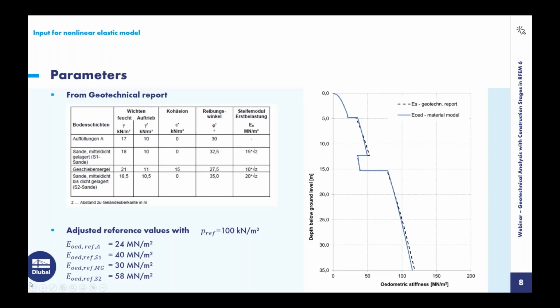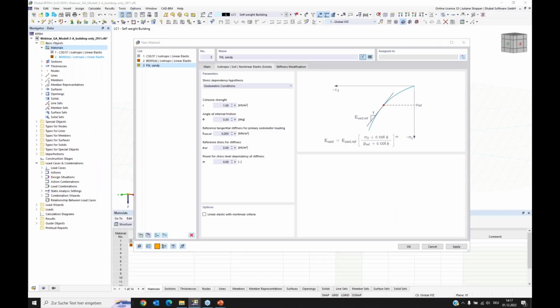I will fill that in. And we have the oedometric reference stiffness of 24 for this layer. And as I said, I use 100 for the reference stress, and 0.5 for the power. I apply this and I can see here that it is defined.